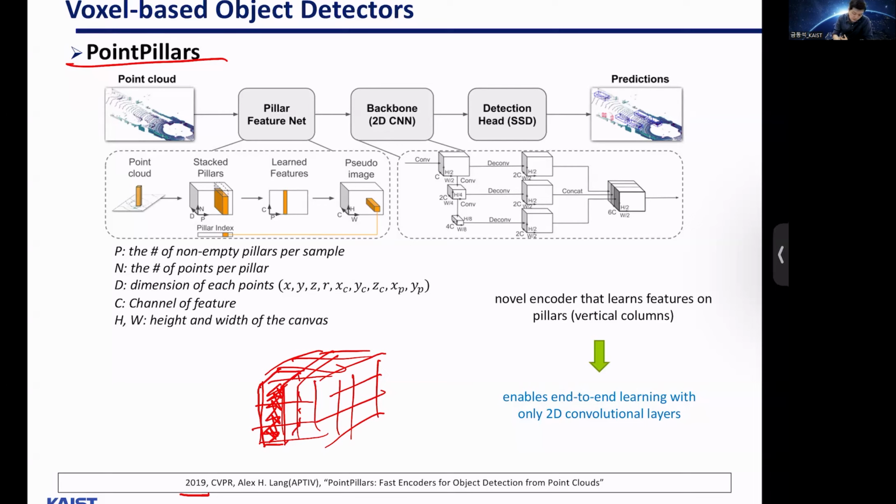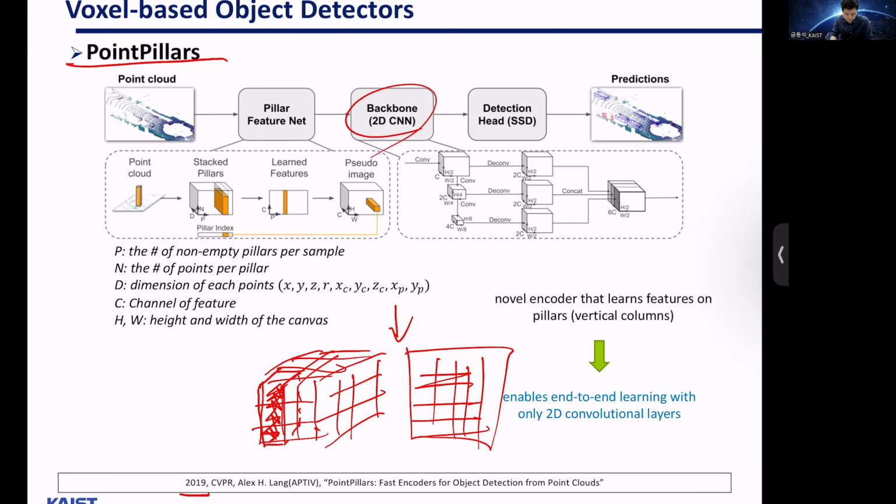Okay, so what this also means is that we can also look at this from top view, bird's eye view, and then it'll just simply look like a grid, 2D grid. Okay, so by making the feature space onto this 2D grid, we can apply 2D CNN backbones, which is widely used in image-based detector, right? And that's what was proposed.